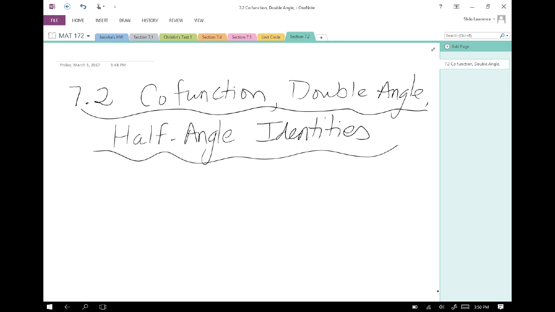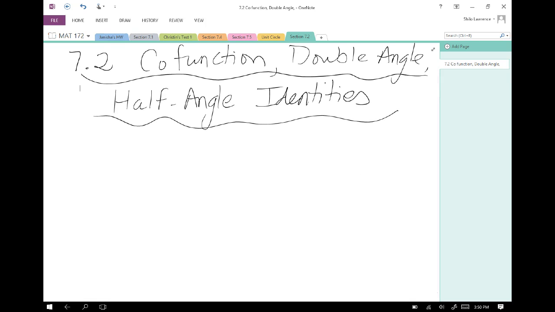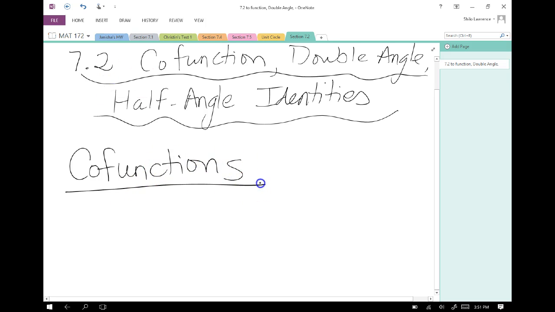And we've talked about cofunctions already back in chapter 6 a little bit. So let's start with the cofunctions. And cofunctions are 2 trig functions that have the same value when we plug in angles that are complementary.